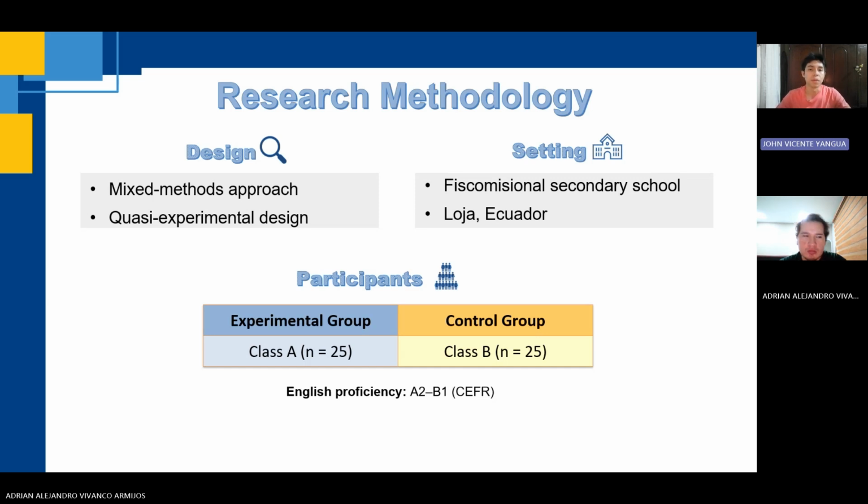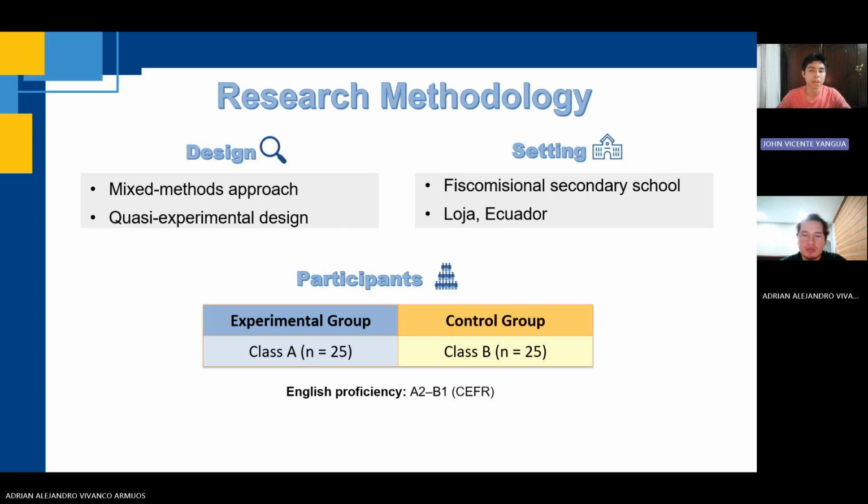According to the Common European Framework of Reference for Languages, students at this educational level generally demonstrate an English proficiency ranging from A2 to B1. To ensure ethical data management and participant confidentiality, each student was assigned an identification code such as ACE01, ACE02, or S03.